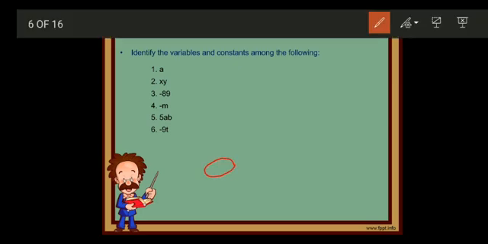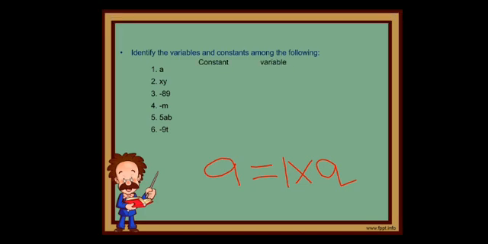So A is equal to 1 into A. There the constant is 1 and the variable is A. See the second one, XY. There we have 2 letters, X and Y, which can have different values. So X and Y are variables. Since there is no number, it is understood that 1 is there. So the constant is 1 and the variables are X and Y.